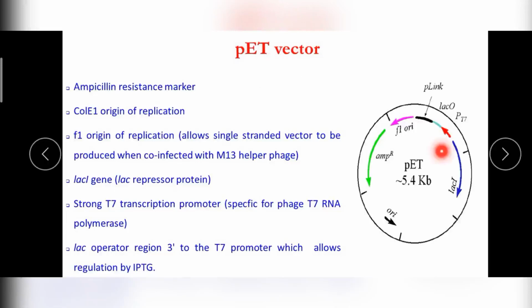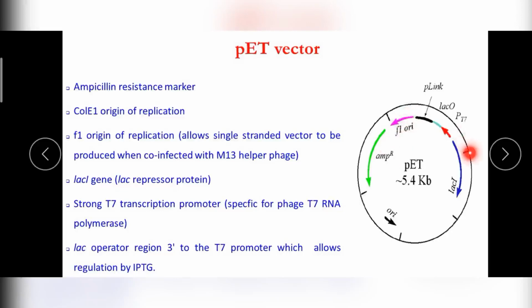If you see the structure of this pET vector, the size is nearly 5.4 kb. It has an ampicillin resistance marker gene and the ColE1 origin of replication. It also has an F1 origin of replication, which allows the production of single stranded DNA molecules when it is infected with M13 helper phage, and you get single stranded DNA.